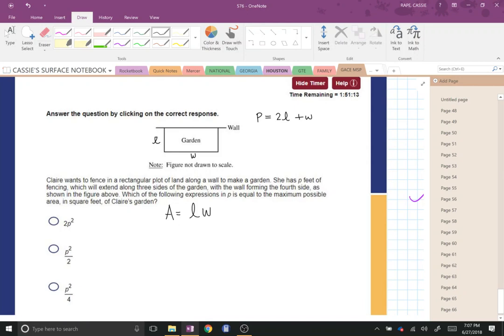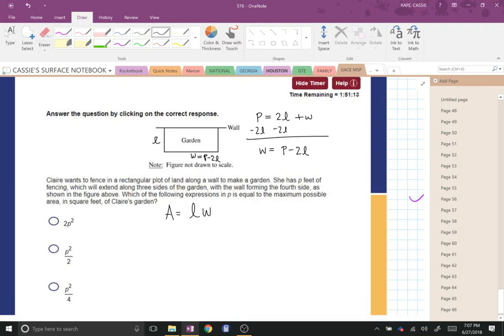So in terms of P, because I need to get a single variable isolated, I can subtract 2L and say that W is equal to P minus 2L. Because that is the equation for the amount of fencing that I have.